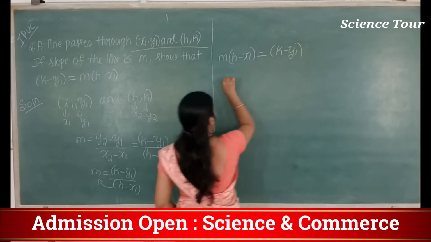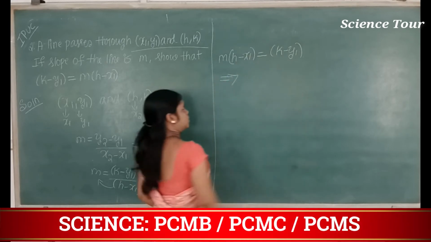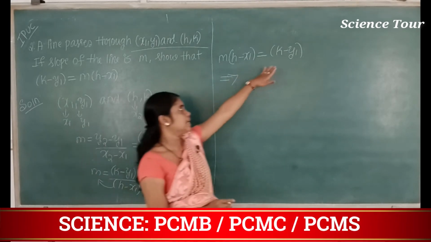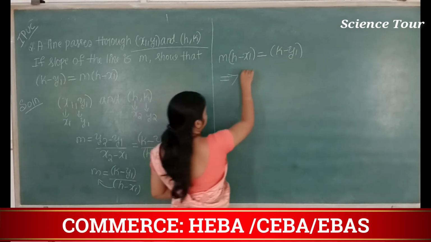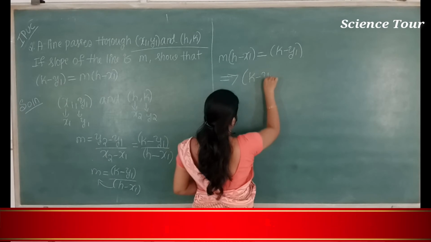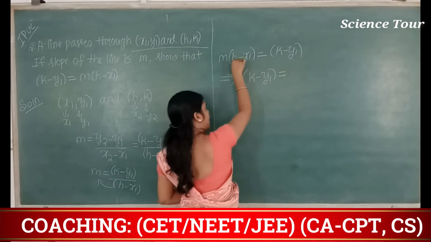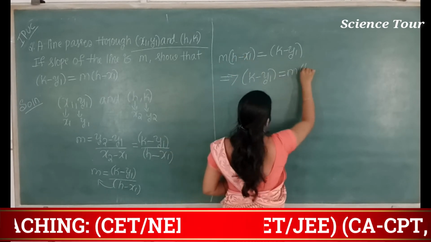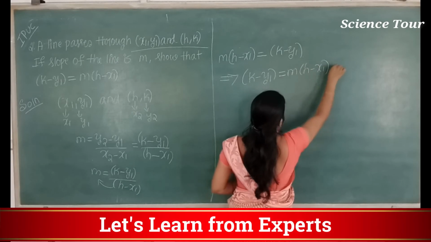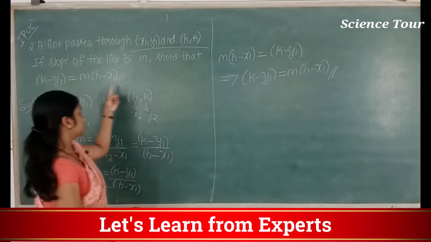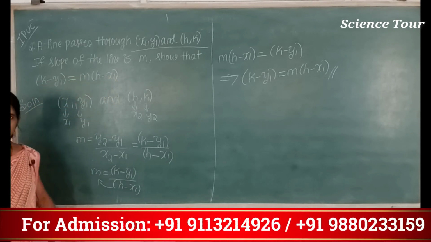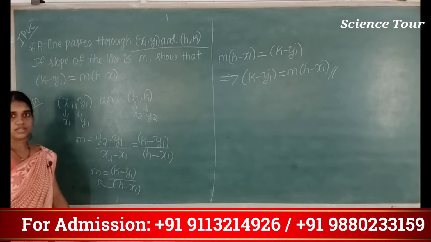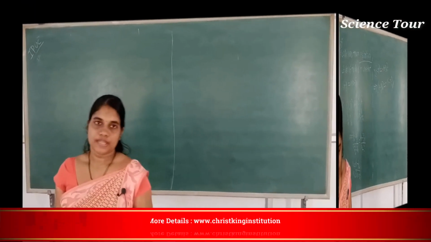So the same equation, first I'll write the right hand side term, which is k minus y1, equal to the left hand side term m into h minus x1. This is what we have to prove, isn't it? See here what we have to prove: k minus y1 is equal to m into h minus x1. This is the answer. We'll see the next question.